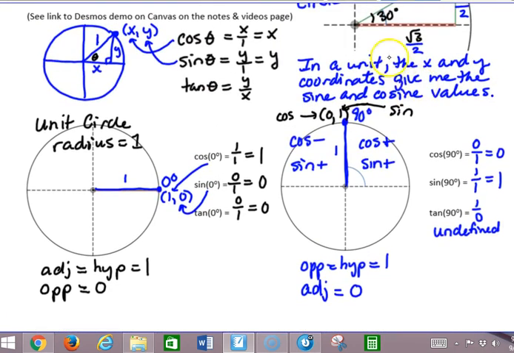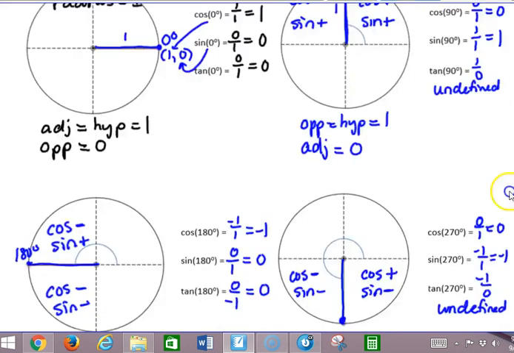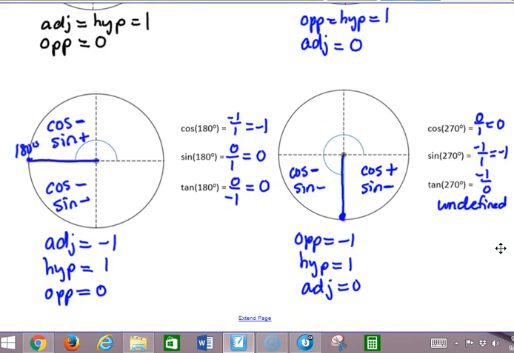Also notice that y over x is 0 over 1, which is 0, and this is 1 over 0, which is undefined for tangent. When we go to 180, this is the point negative 1, 0. Negative 1 tells me cosine, 0 tells me sine. And 0 divided by negative 1 is tangent.